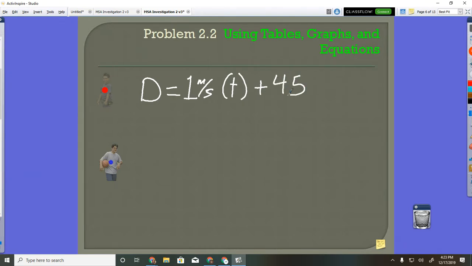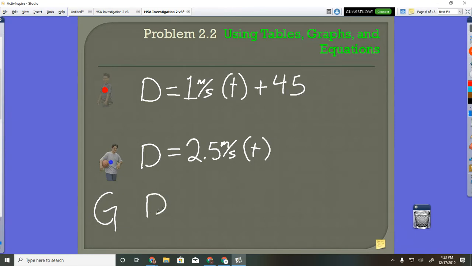We'll get to that later. Emil, his distance equals, because he's proportional, we only have one value here, 2.5 meters per second times time. Now, Gilberto, for the homework, Gilberto's distance equals 2 meters per second times time plus a 20-meter head start.